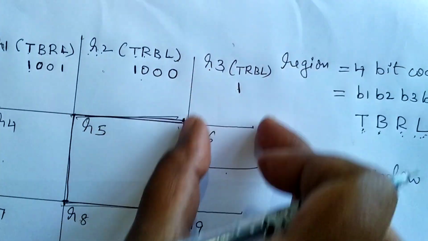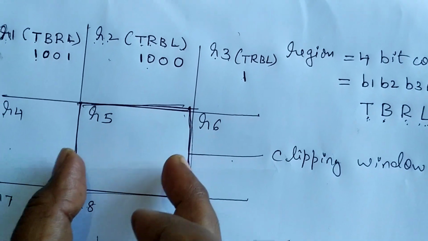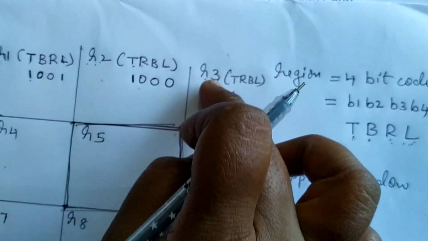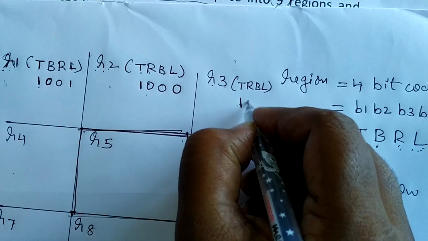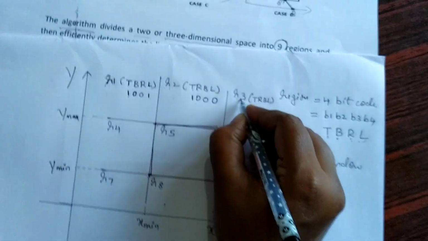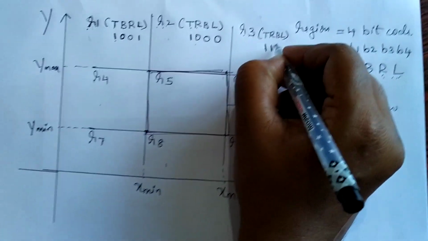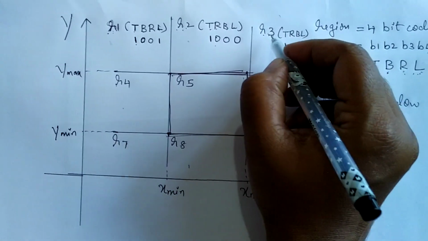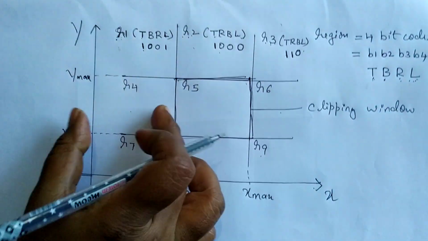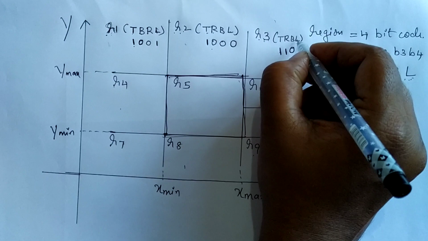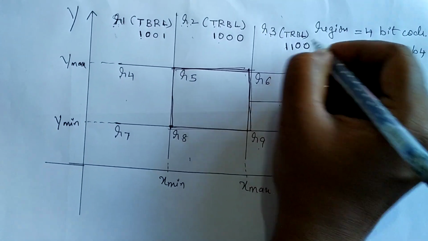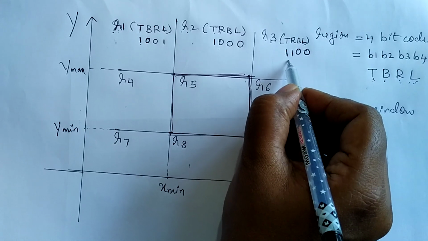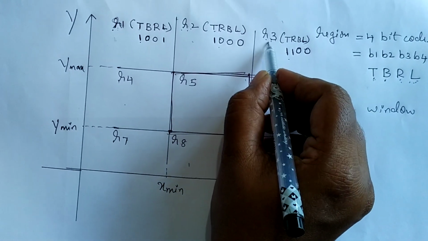It is on the right side of the window, so this bit will be 1. Is region 3 at the bottom of the window? No, so the bit will be 0. Is region 3 on the left side of the window? No, so the bit will be set to 0. This is how the 4-bit code is assigned to region 3.